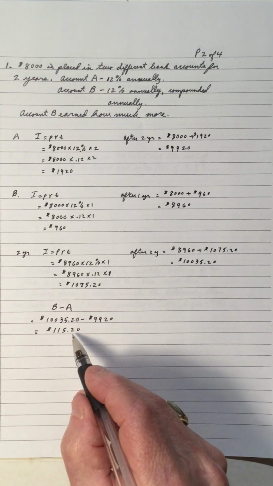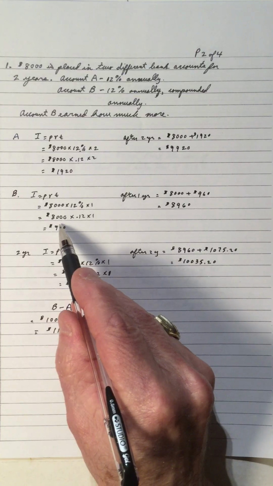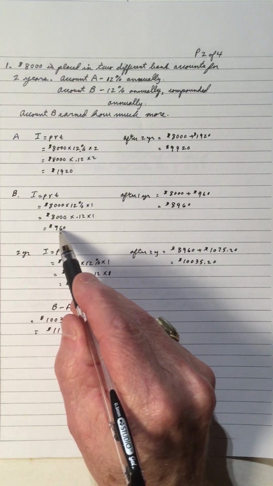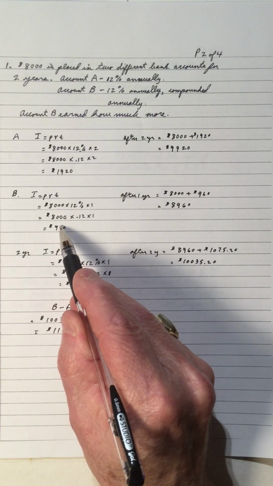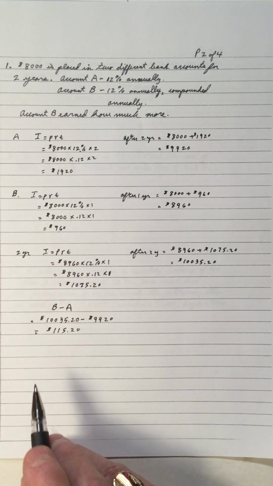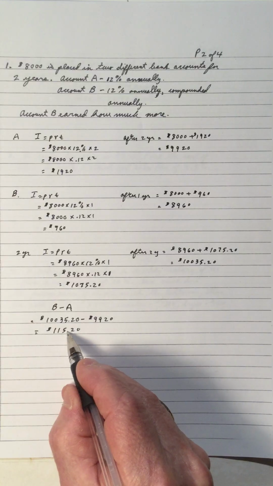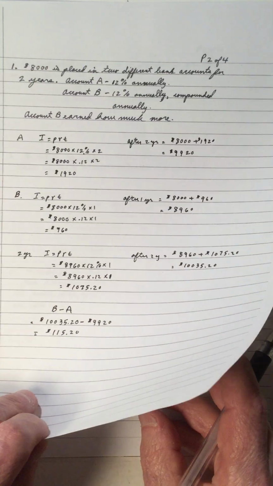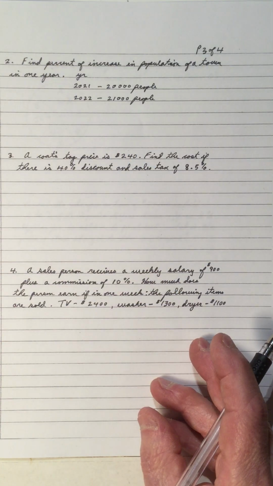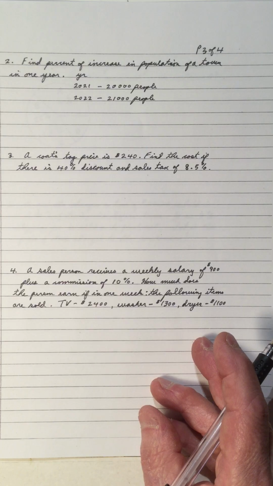So that $115.20 is the extra 12%. If we took 12% of this amount right here, that would be this difference, because you get interest on your interest. So notice the difference between simple interest and compounded. Compounded means you add on your interest each year.